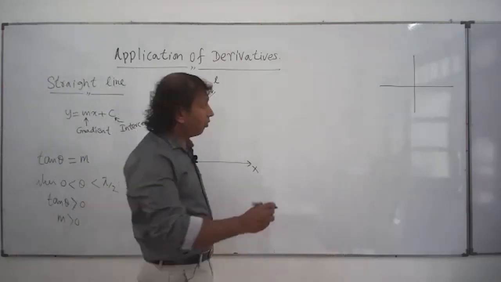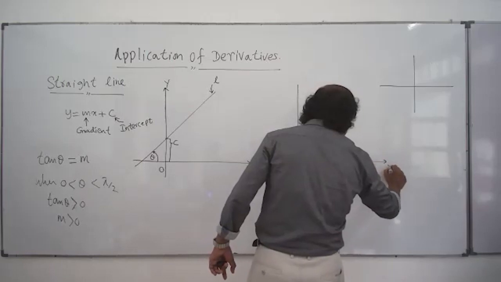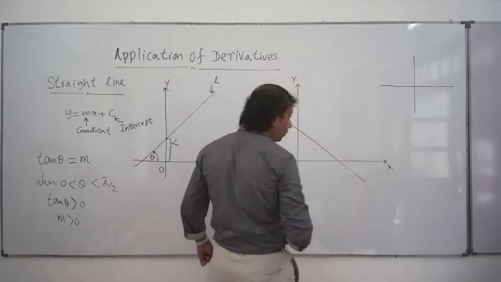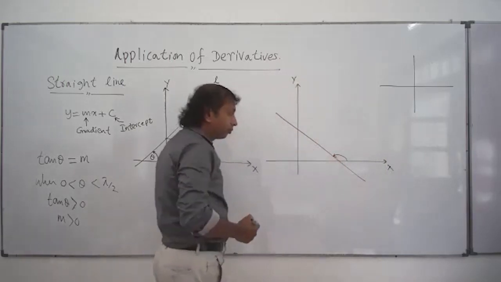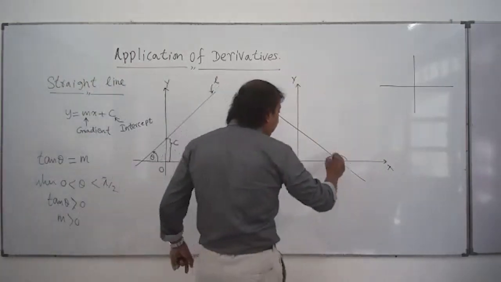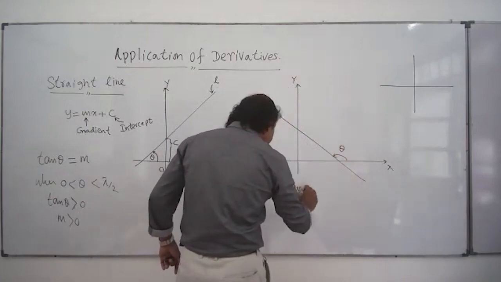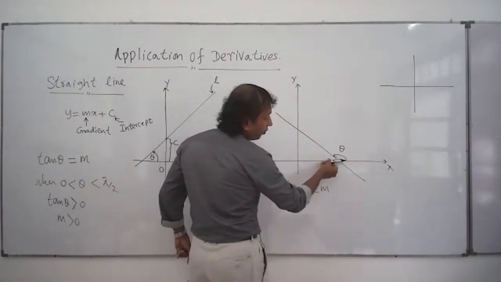Now, sometimes, people, the angle of the line may be an obtuse angle like this here. In this case also, the gradient of this line is given by the tan of this angle. Gradient is tan theta. Look at this angle here also. This is the positive x direction.